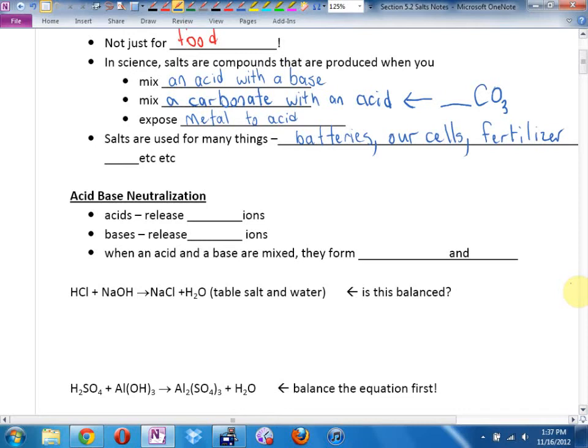We said that acids release, do you remember from memory which type of ions acids release? Can you remember? Here's how you can remember. What does an acid begin with?